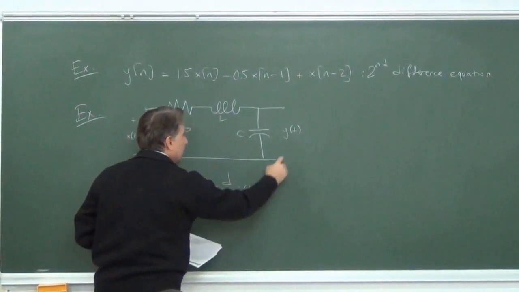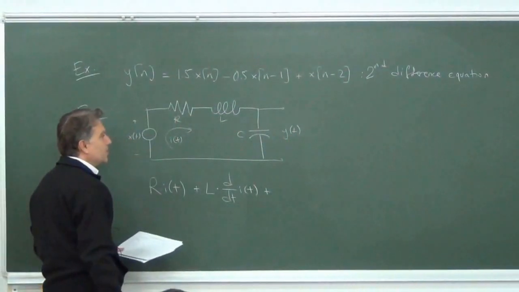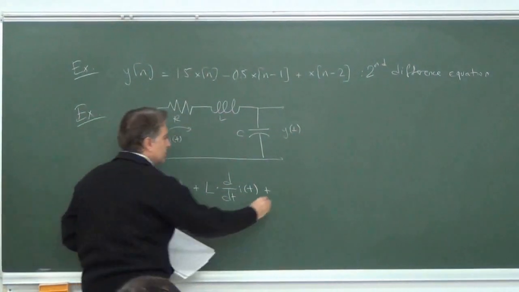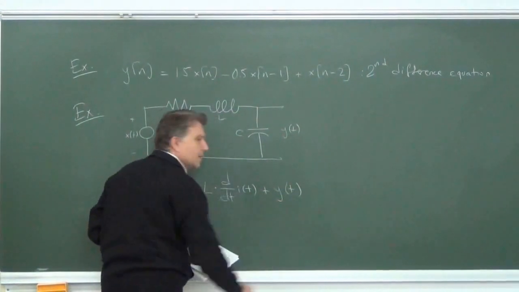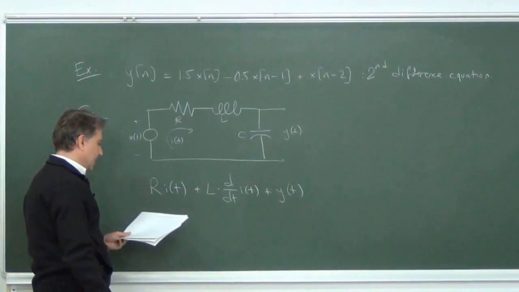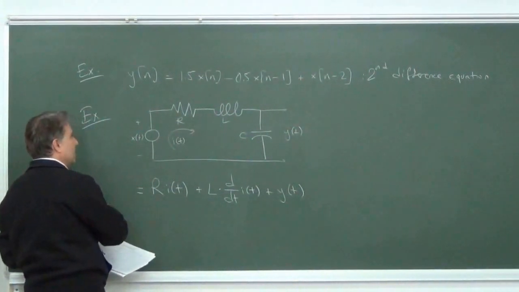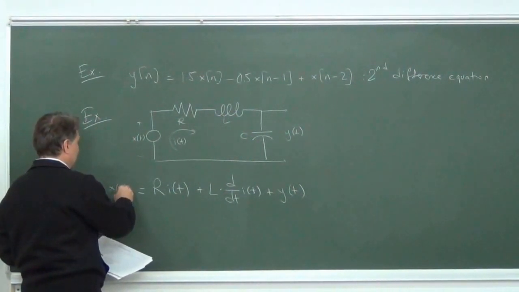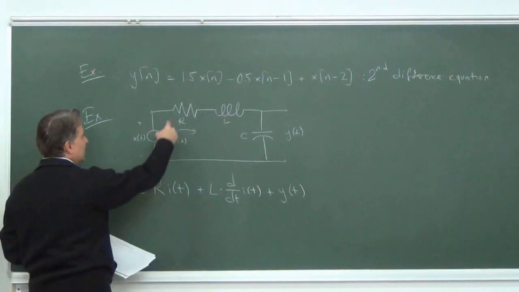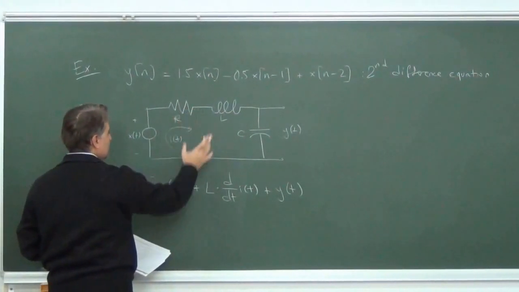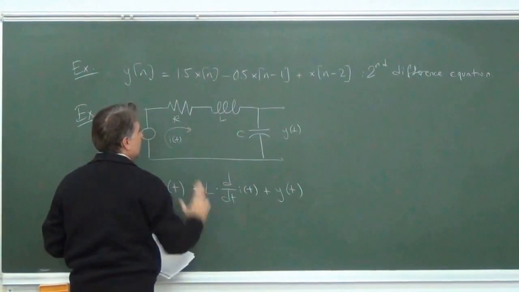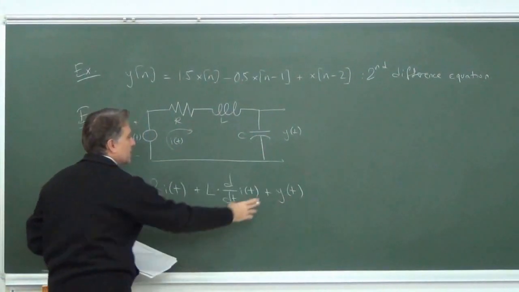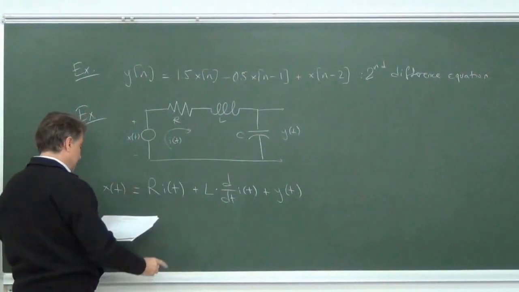So it is R times i of t plus L times the derivative of the current, the change in current, plus the voltage across the capacitor, which we already defined to be the output y of t, is equal to the input. So this is the voltage across the resistor, this is the voltage across the inductor, and this is the voltage across the capacitor, which is already y of t.